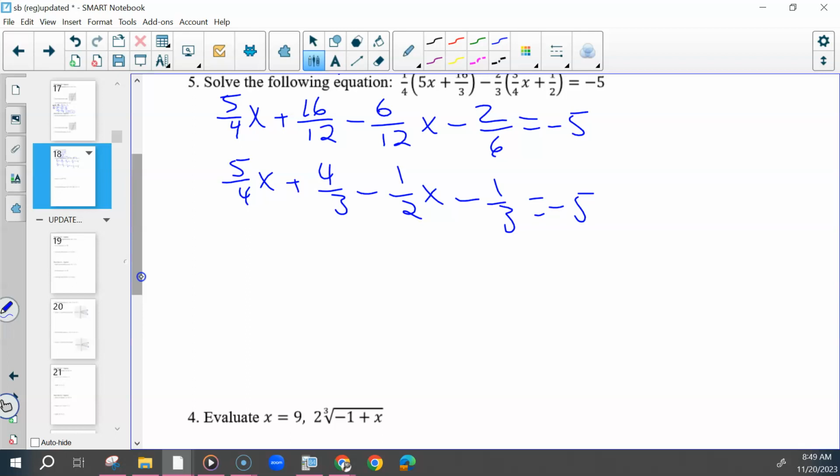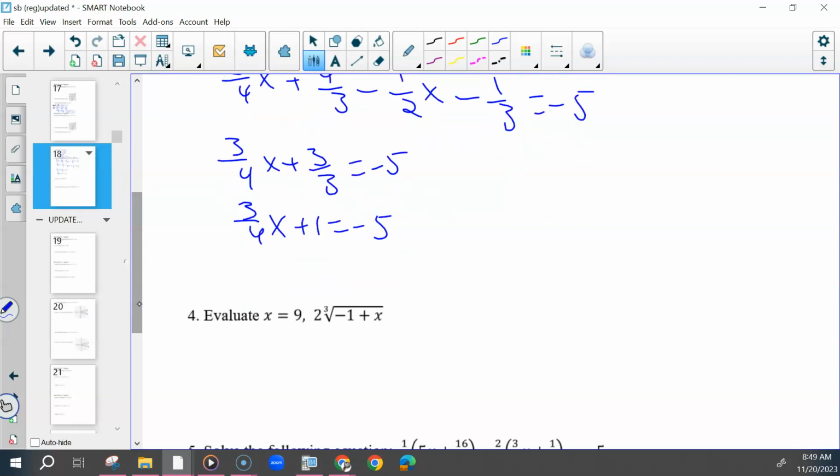So 5 minus 2 would be 3/4 x. This would become 3/3, which is really just 1. So we could get rid of 1 by subtracting.